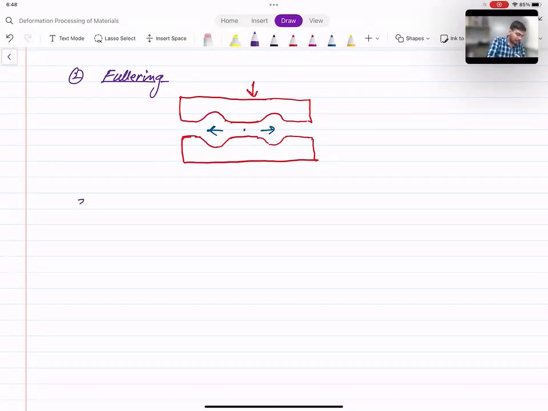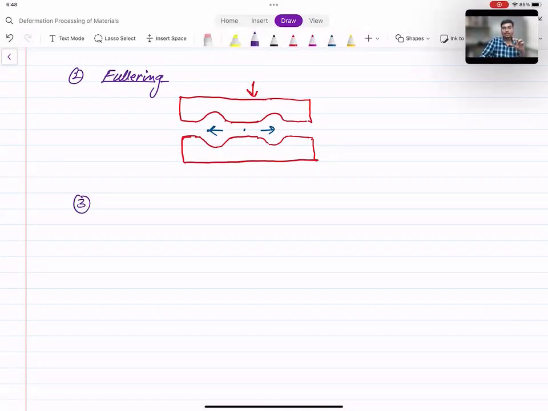So the next process is known as drawing. Basically, we have seen that drawing is a different operation, but this type of forging is also known as drawing. These two are correlated. Suppose there are two dies, and they press the material and it is allowed to flow or pass between them, which leads to a reduction in cross section.